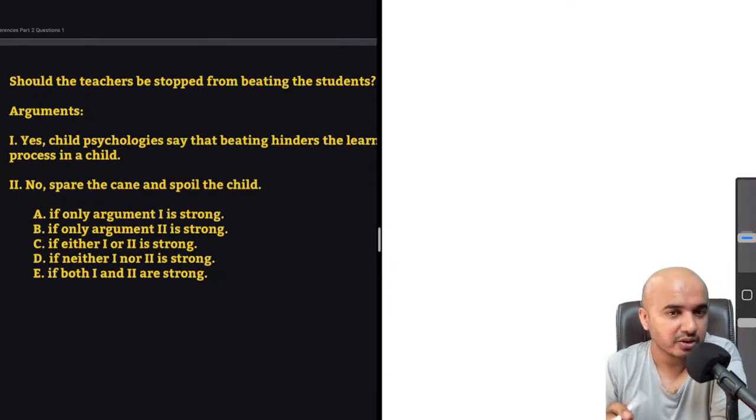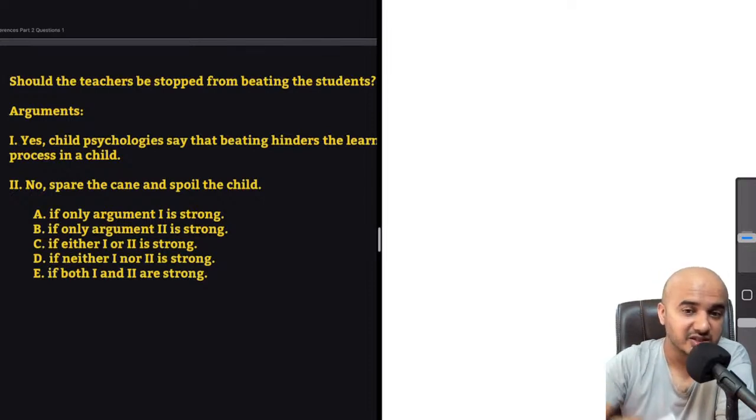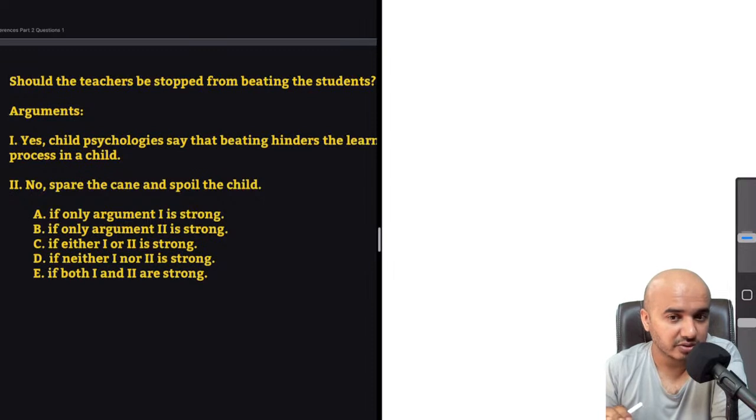Argument 2 being, no, don't do that. Don't stop hitting the students, because if you spare the cane, that means if you don't use the cane to hit them, you are spoiling the child. Now, argument 2 obviously doesn't make sense. If anything hinders the learning process in a child, it should be controlled, and if possible be prohibited as well.